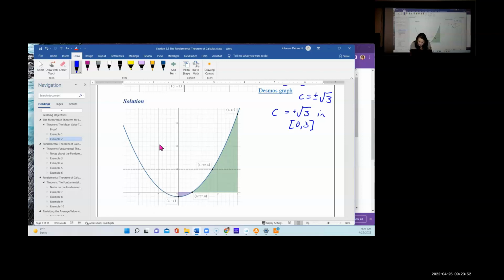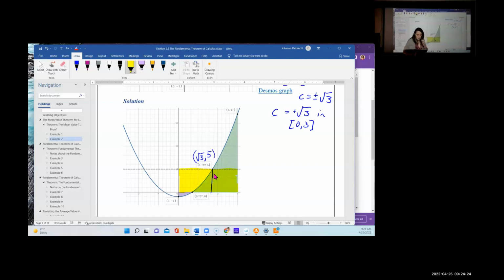I have marked off this point right here. This is the square root of 3, right? 1.732 is about the square root of 3. And so you can tell that if I were to shade this region right here, I would get a graph with the same amount of area under that rectangle as is in the green and purple shaded regions.